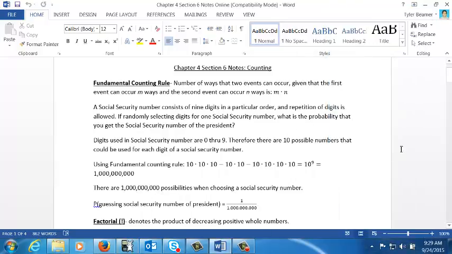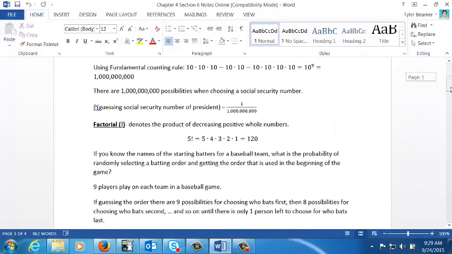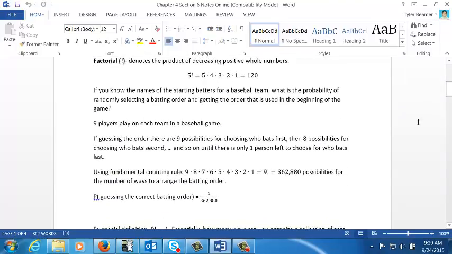Factorial, if we take a look at it, denotes the product of decreasing positive whole numbers. So this is a situation here where we would use a factorial. If you know the names of starting batters on a baseball team, what's the probability of randomly selecting the batting order that's used in the beginning of the game?